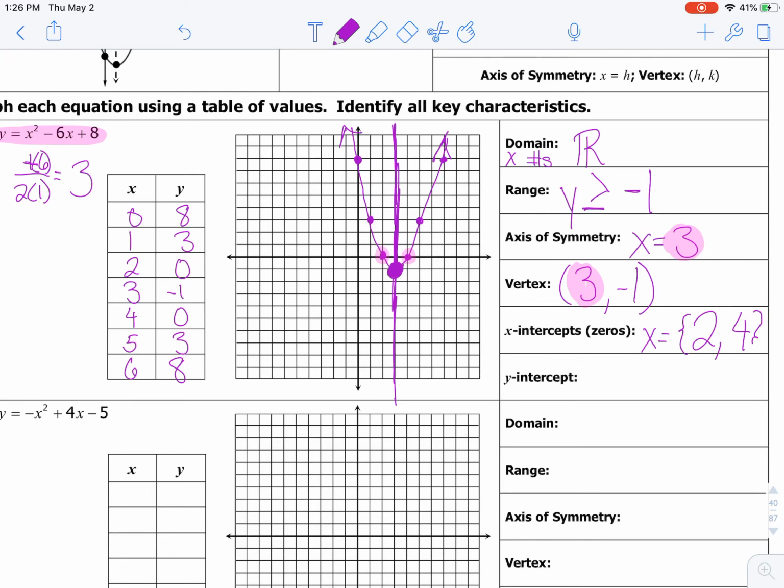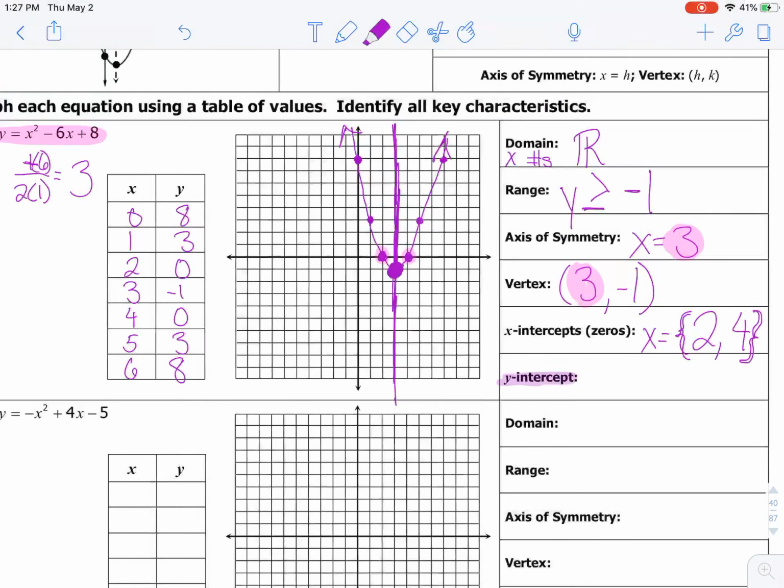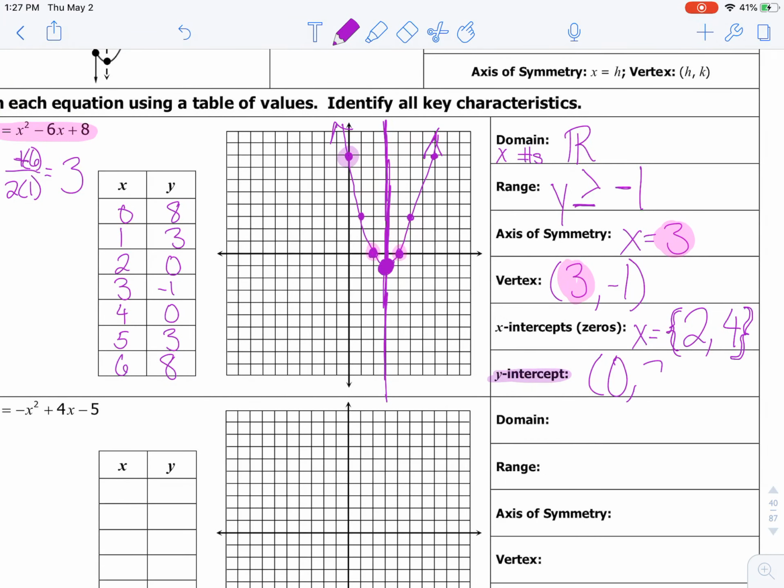I'm going to put them in those little curly braces so I know that I'm talking about two separate numbers, where x is 2 and where x is 4. My y-intercept, let's change colors. My y-intercept is just that point where I cross the y-axis, which is 0, 8.